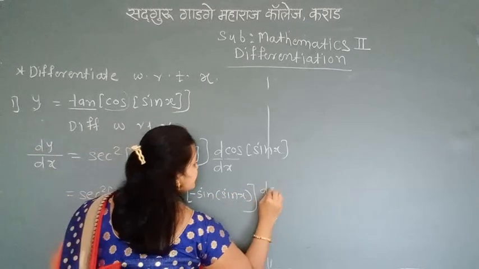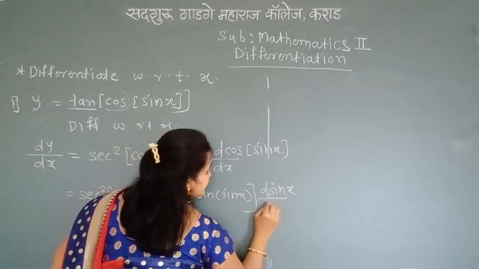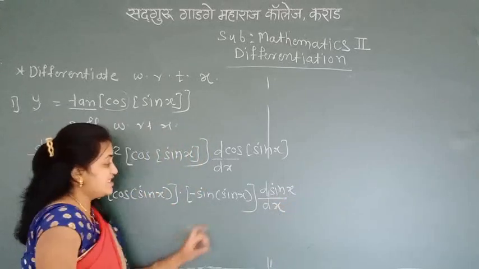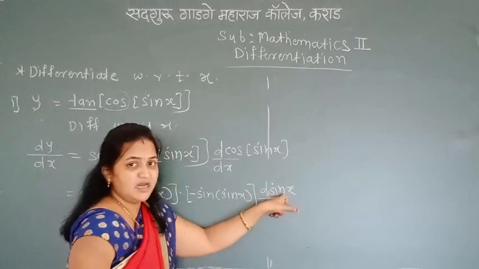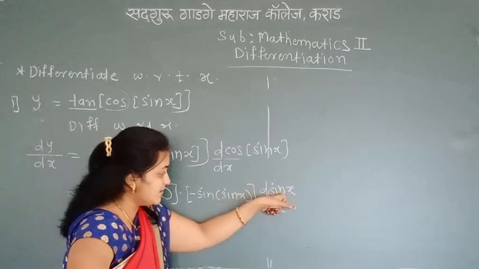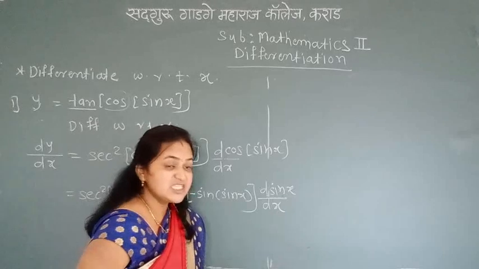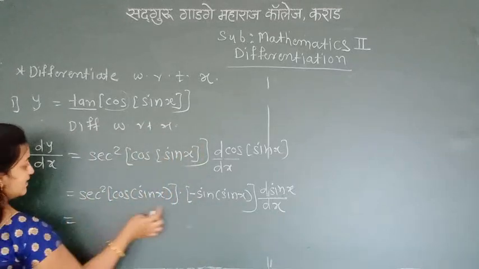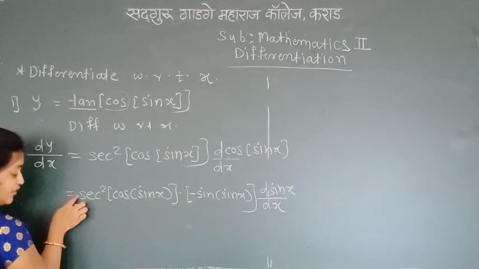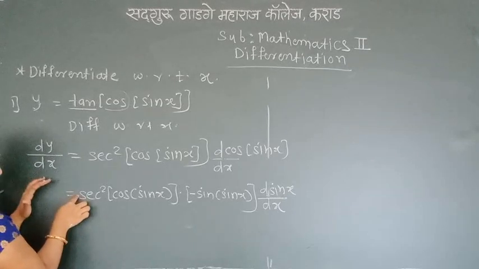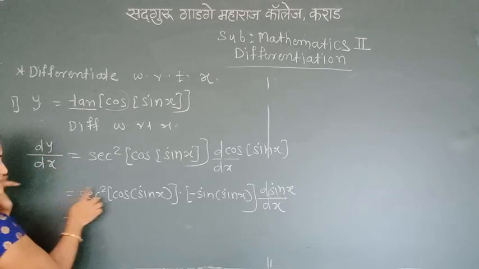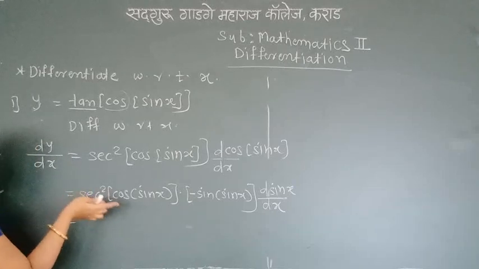So the derivative of sin x with respect to x. Now we check whether this is a standard function or a composite function. This is your standard function. So what is the derivative of sin x? It is cos x. So we get the final answer. Here the minus is not given any sign, so we consider it as plus. So minus multiplied by plus is minus.